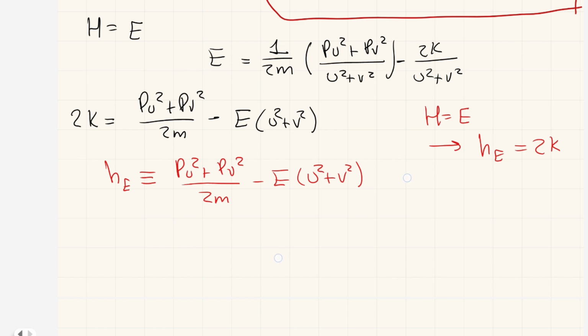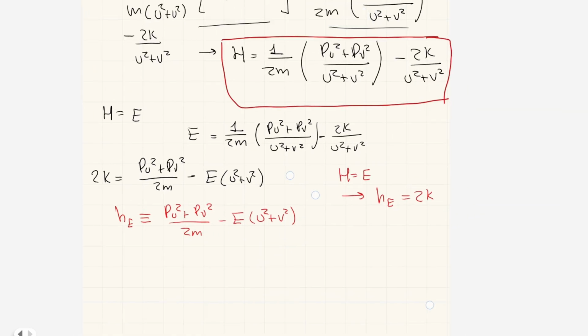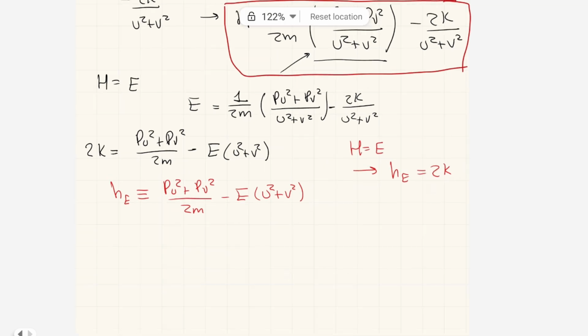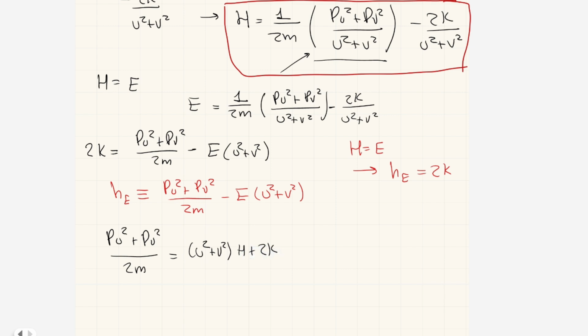Okay, so what we are going to do now is to observe this expression. We are going to leave this element alone, so that will be equivalent to (pu² + pv²) over 2m equals (u² + b²) times (H + 2k).